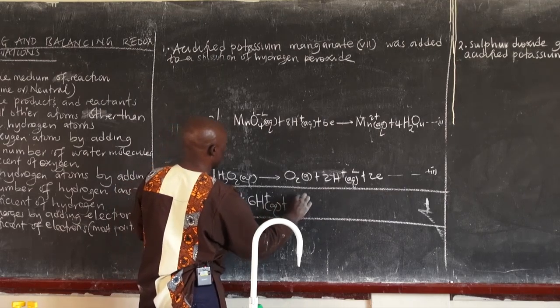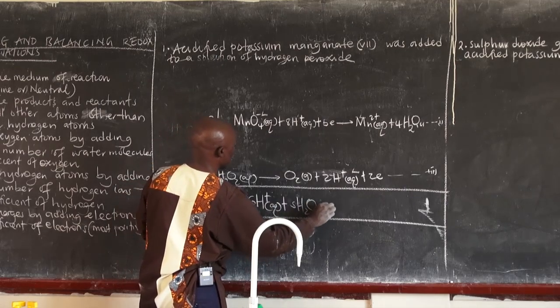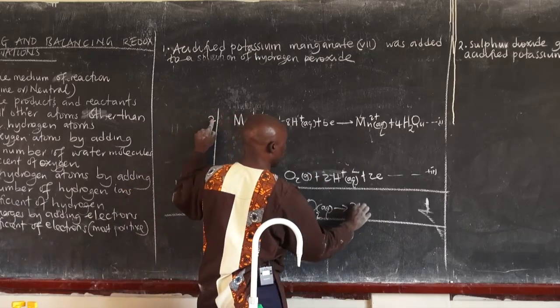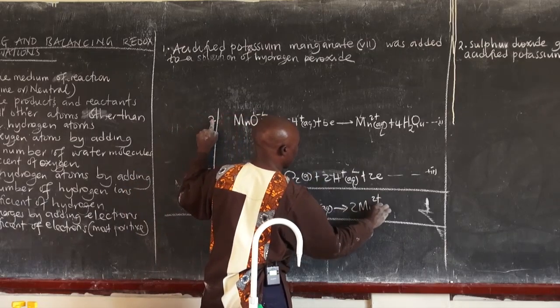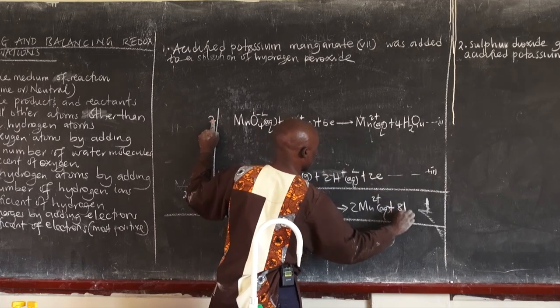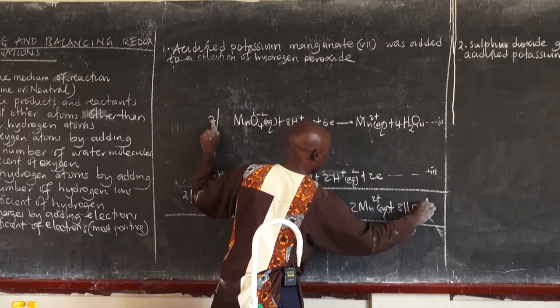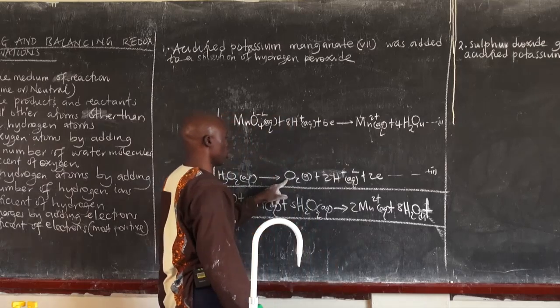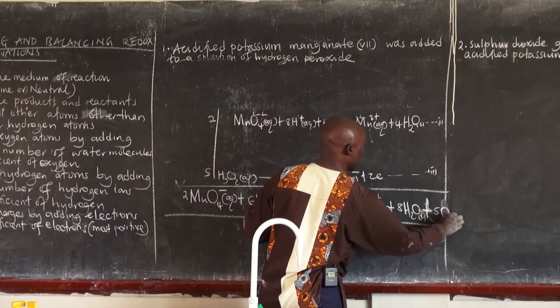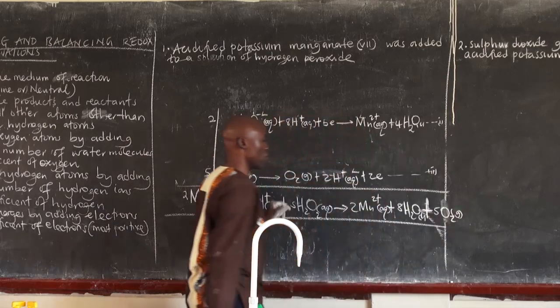Then plus 5 hydrogen peroxide gives us 2 manganese 2 ions, plus 8 water. Then we are adding also 5 oxygen. So that's how you write the equation.